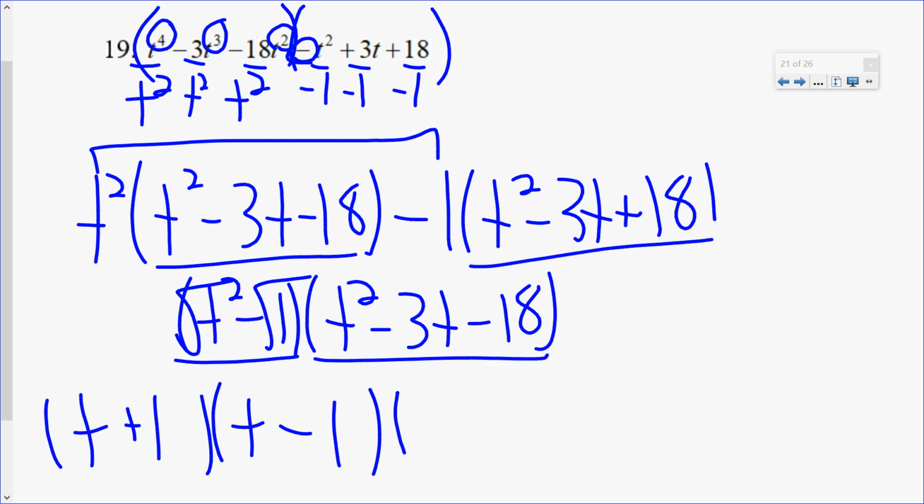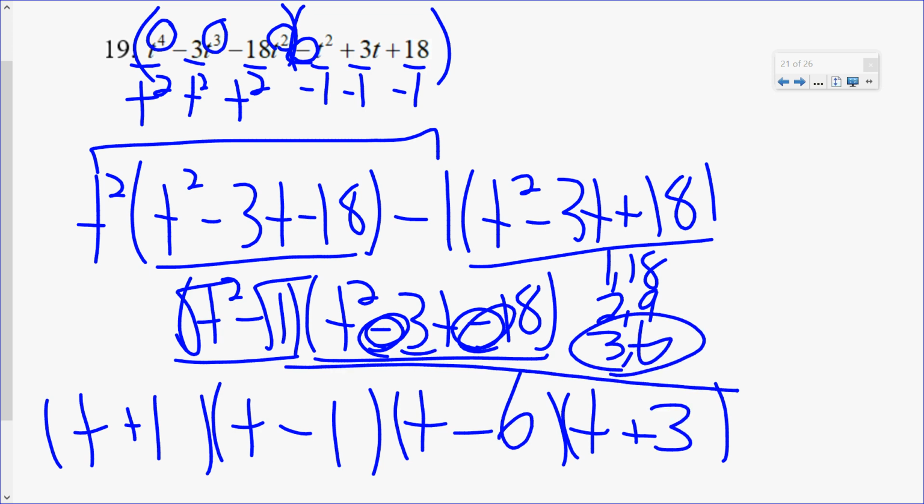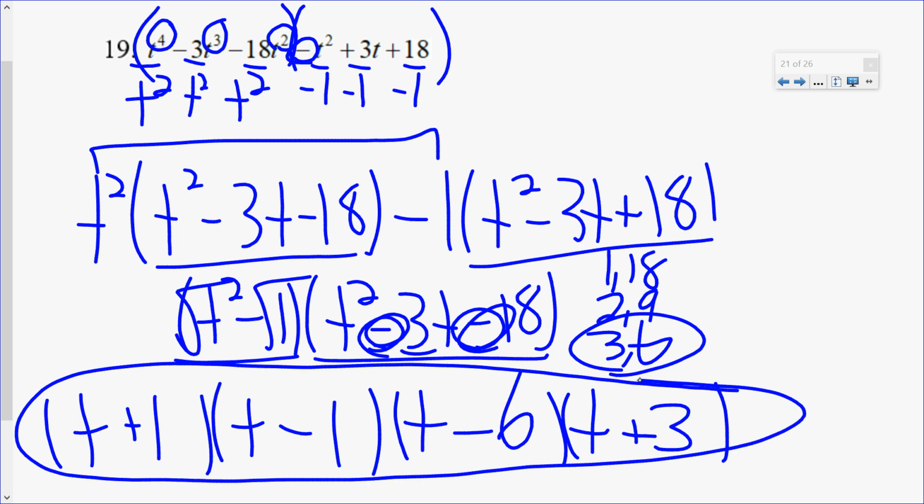This, I see a trinomial. 2 sets of parentheses, t and t. First sign comes down, negative and a negative is a positive, multiplies to 18, subtracts to 3, 6 and 3, bigger number goes first. I can do a quick check, t, and t is t to the 4th. That's your answer.